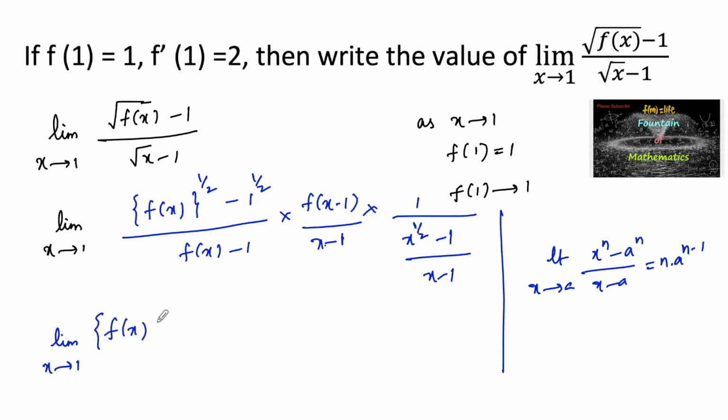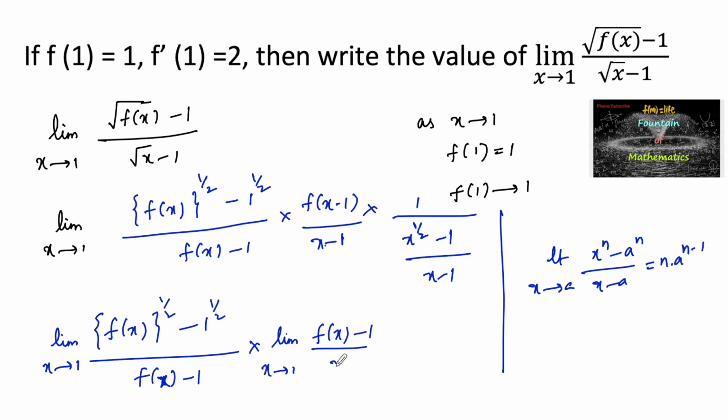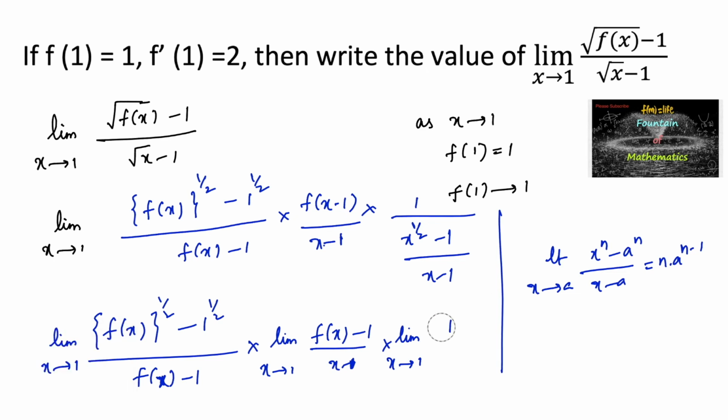Limit x tends to 1, f of x to the power of 1 by 2 minus 1 to the power of 1 by 2 divided by f of x minus 1, into limit x tends to 1, f of x minus 1 divided by x minus 1, and again into 1 upon limit x tends to 1, x power 1 by 2 minus 1 power 1 by 2 divided by x minus 1.